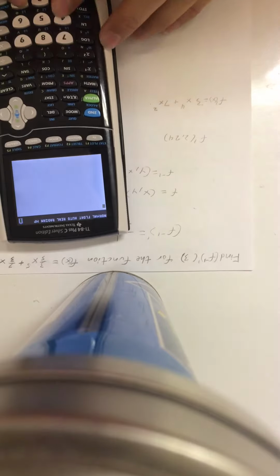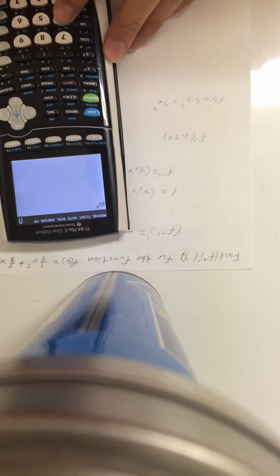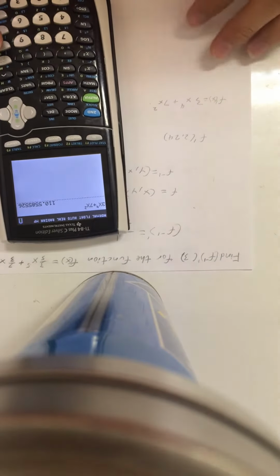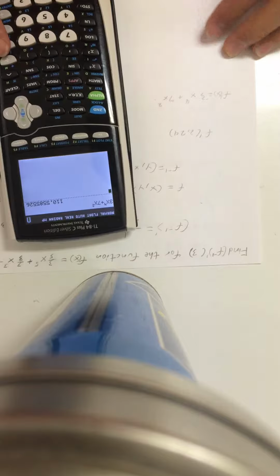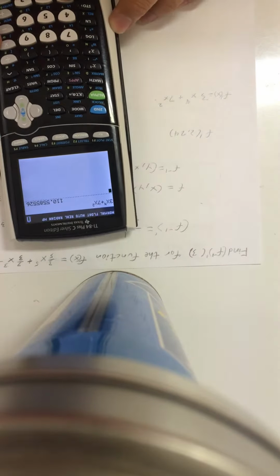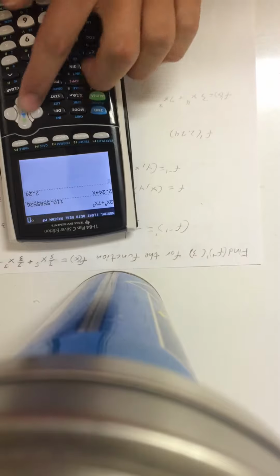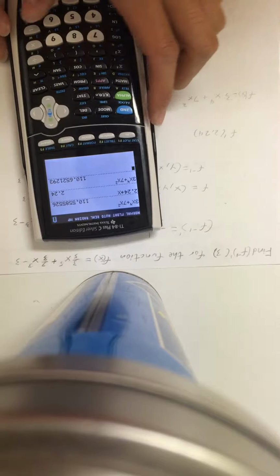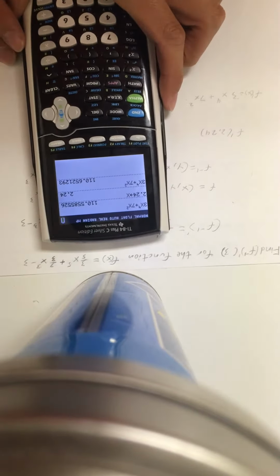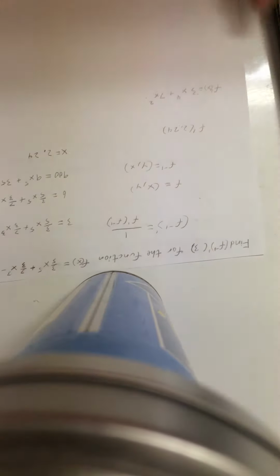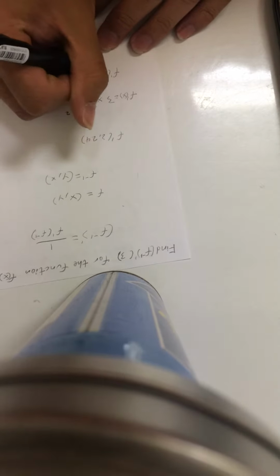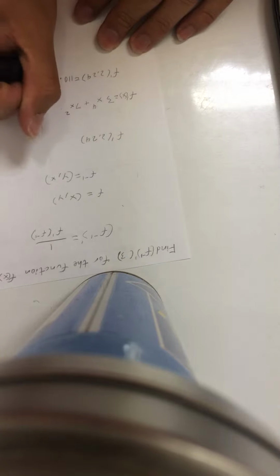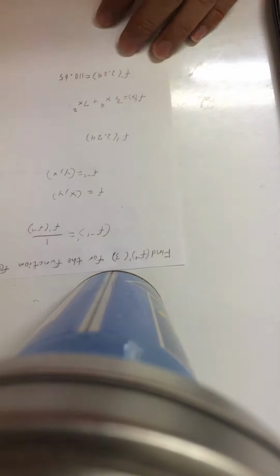So first I'm going to enter in the function 3x to the fourth plus 7x squared. And then after setting x as 2.24, I'll go back to the equation, function, and get 110.65. So f prime of 2.24 equals 110.65.